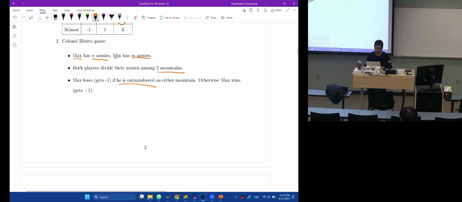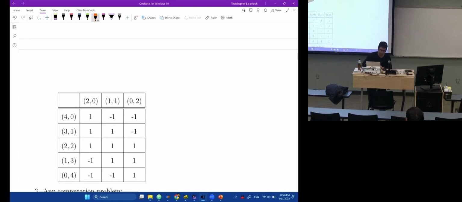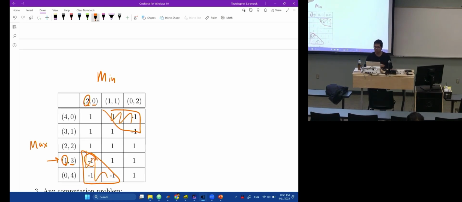Then this game can be described using this matrix. This is max, min, and for example, if you look at this one, max puts one army in the first mountain and 3, and the min player puts 2 and 0. Then max will lose because 1 is less than 2. So this is where max loses. This is where he loses. Everywhere else, he will win. That's just another example of a game.